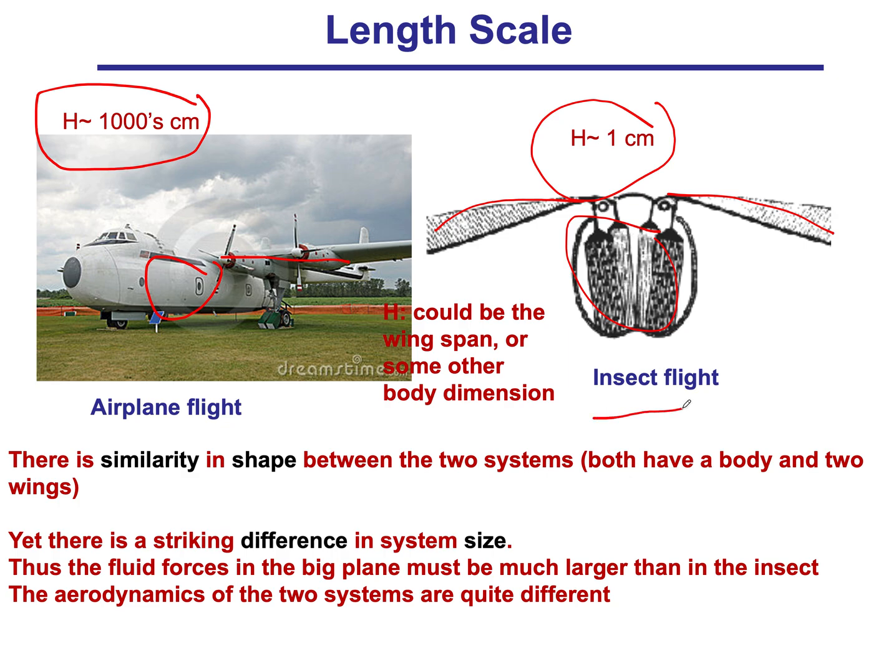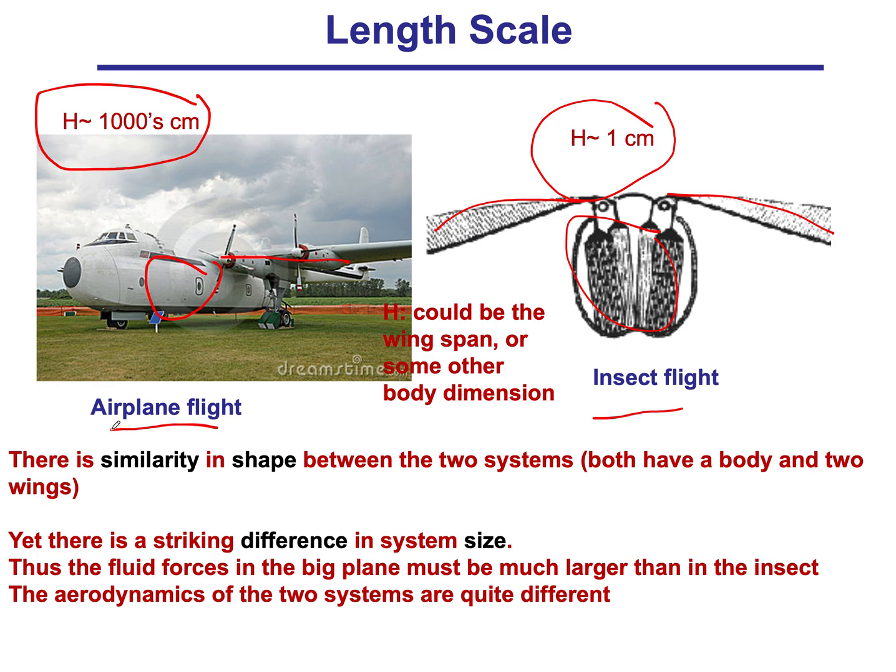Insect flight is completely different than aircraft flight, just because of the difference in size between the systems. And this is what we have hopefully concluded from the previous examples.